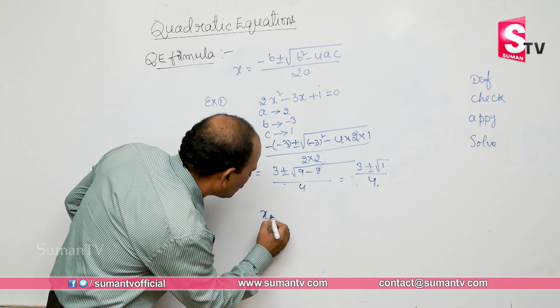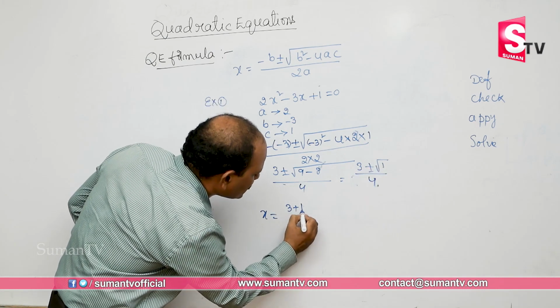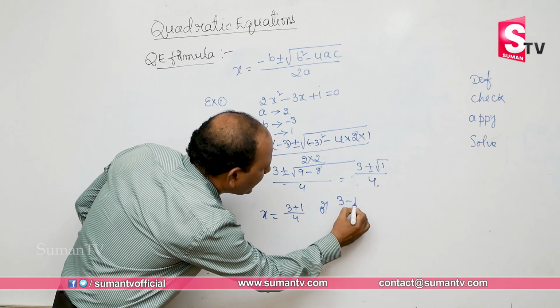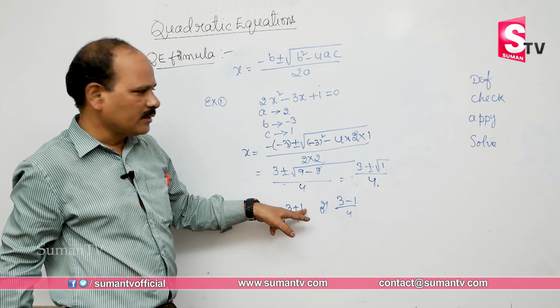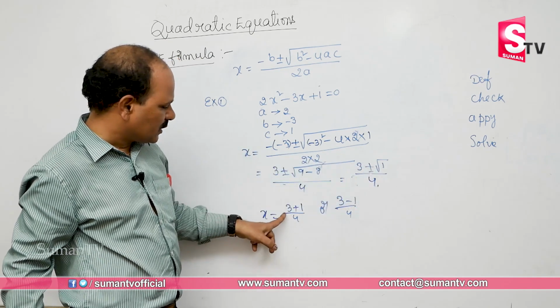So x is equal to 3 plus root 1, and root 1 is 1. So plus 1 by 4 or 3 minus 1 by 4. That is, 3 plus 1 and 3 minus 1, so that only I wrote here.